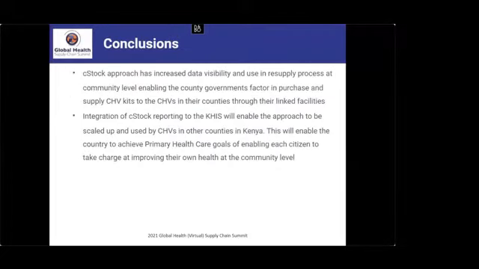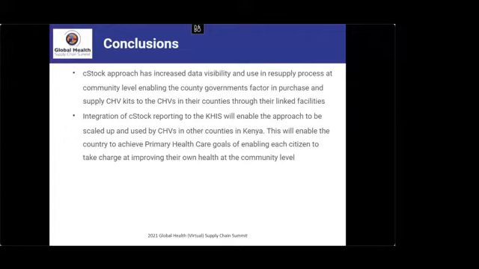Here are our conclusions. The Systock approach has increased data visibility and data use in resupply process at the community level. This enables the county governments to factor in purchase and supply CHV kits to the CHVs in their counties through their linked facilities.